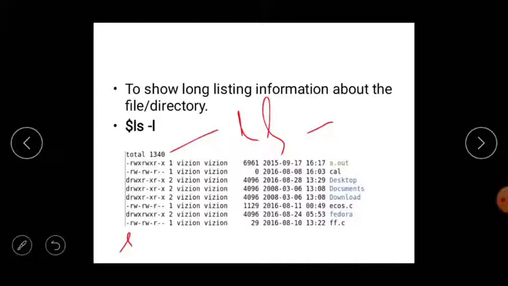Okay, next, the 9 characters, from here to here, tell the file permission. The next 9 characters specify the file permission. The first 3 characters refer to read, write, execute: R means read, W means write, X means execute.